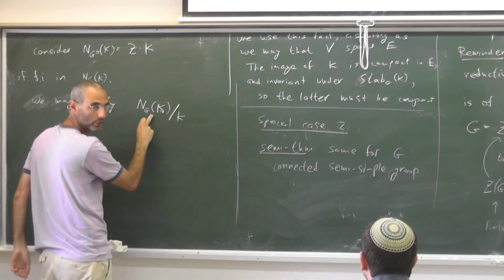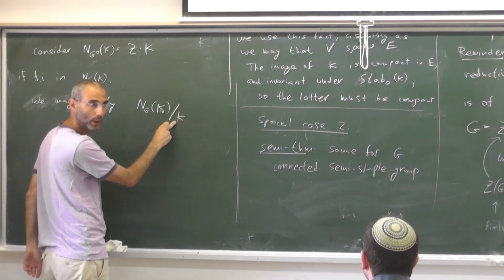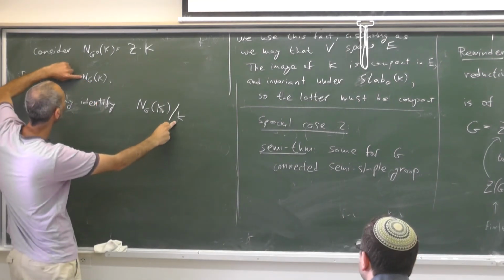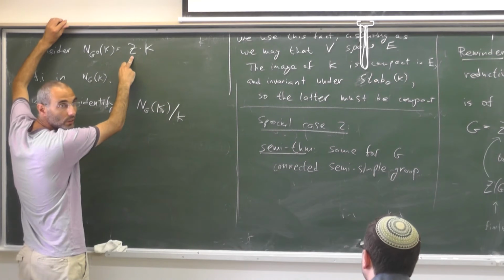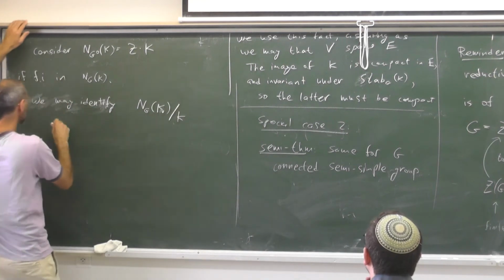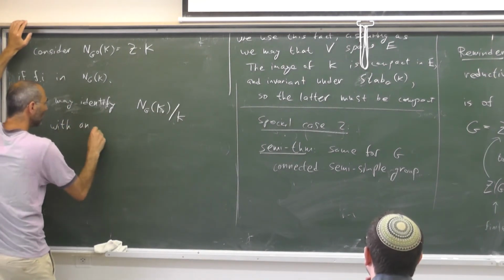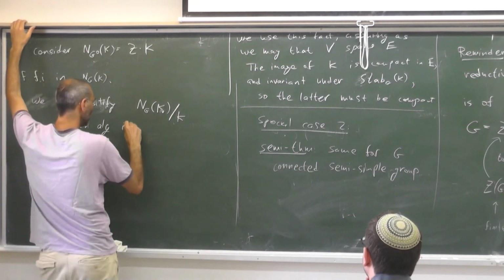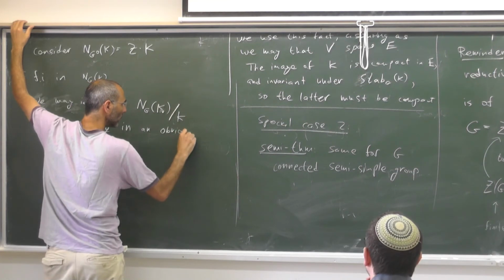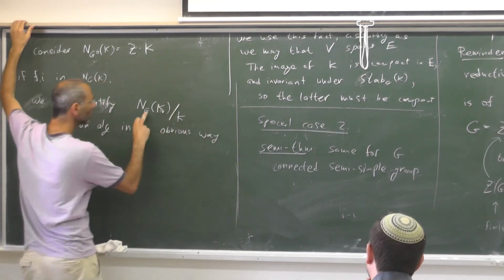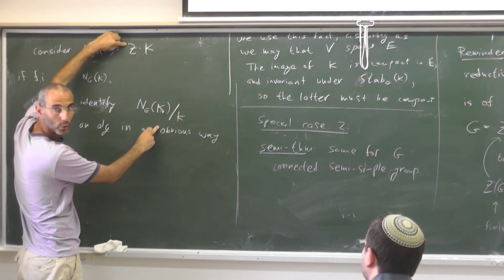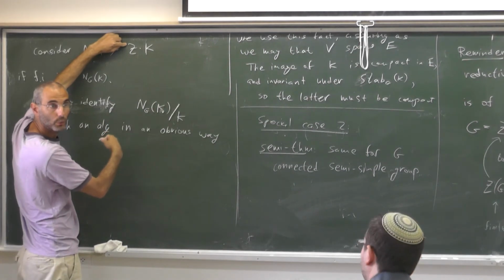I took something which is not algebraic and divided by something which is not algebraic, but up to a finite index this is like taking ZK over K. If I look just at the connected component of this piece, this is just Z modulo the finite group, which is its intersection with K.